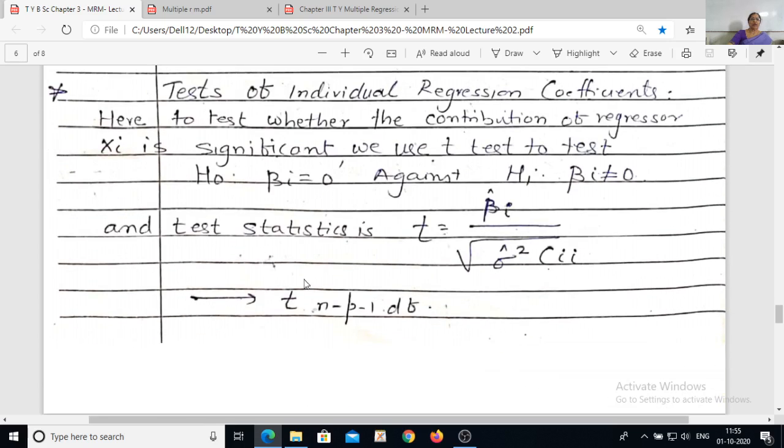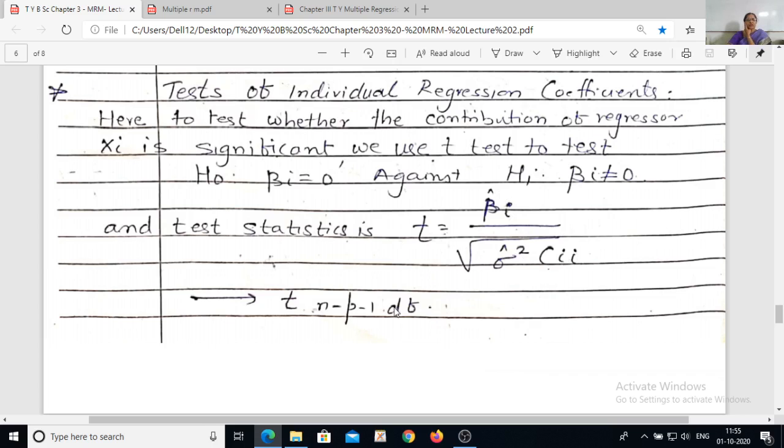And for this we have again a t test, which is beta i cap upon under root of sigma square, because under H0 your beta i is 0, therefore beta i cap minus 0 upon under root of sigma square cap Cii.